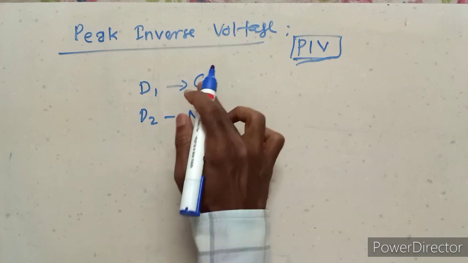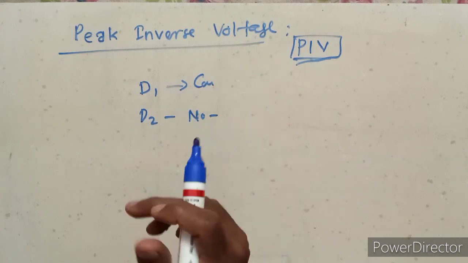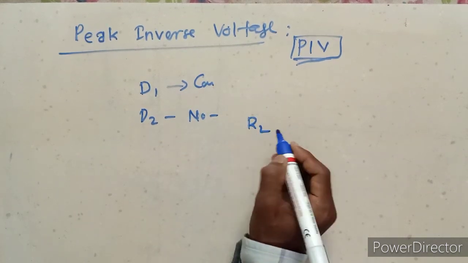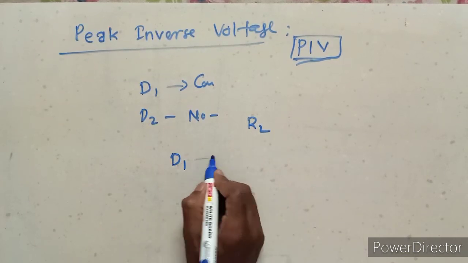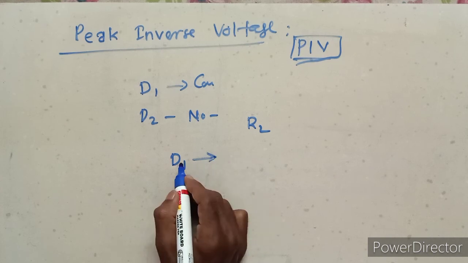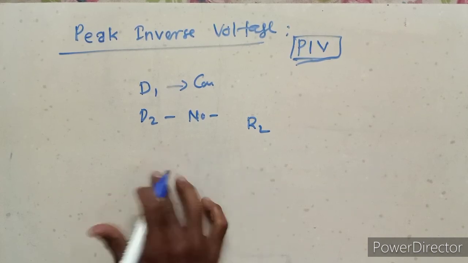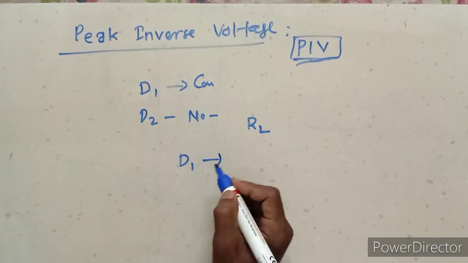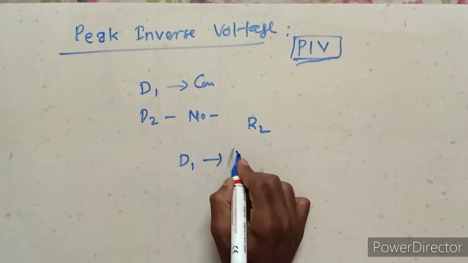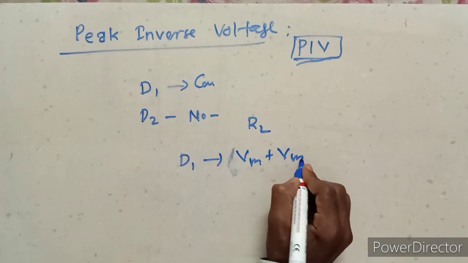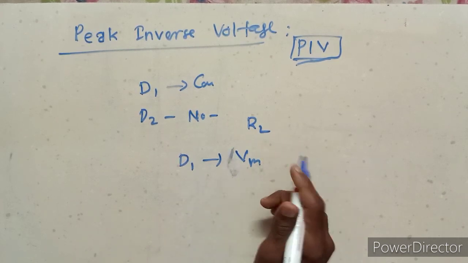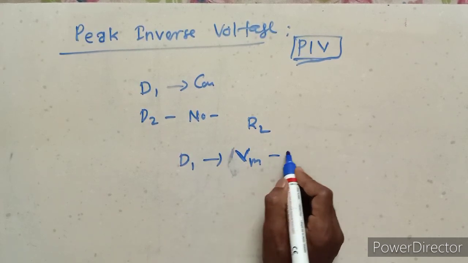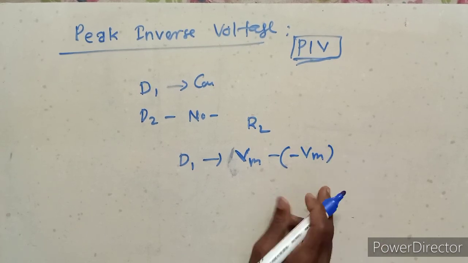In this case, voltage is developed across the load resistance, and due to the first diode the voltage is Vm plus Vm, because this is the forward voltage and this is the reverse voltage.